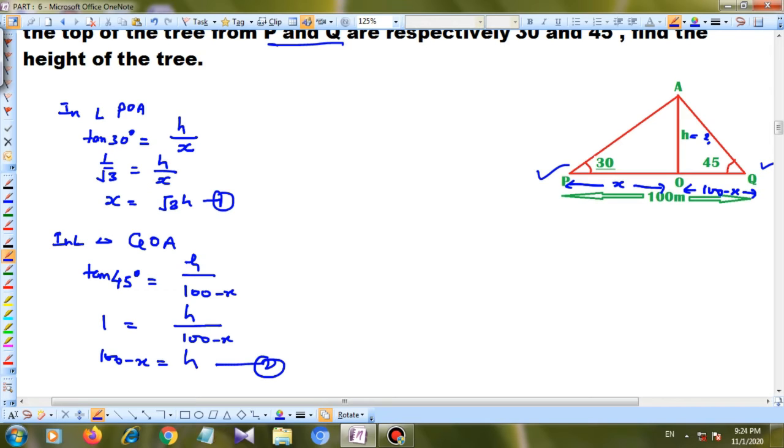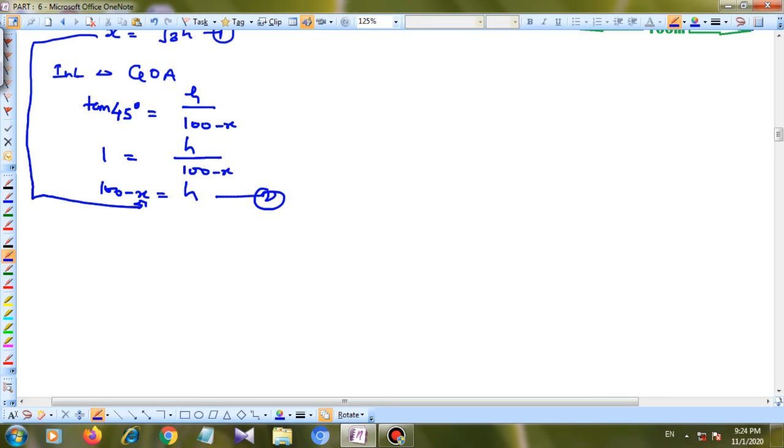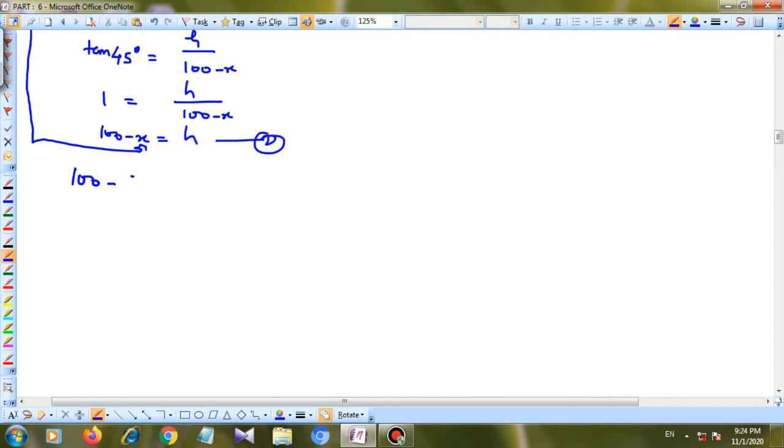Clear? Now the value of x is root 3h. So put the value of x in the second equation from the first equation. Then we will get 100 minus root 3h equals h.